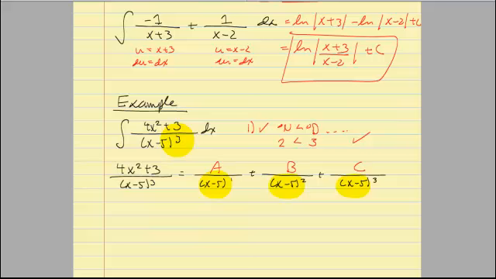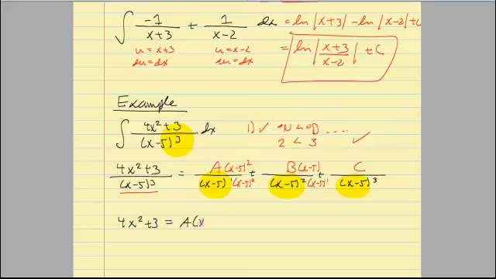Well, my common denominator has already been given to me. It's x minus 5 cubed. So this is going to look like x minus 5 squared, top and bottom, to get that common denominator. This will look like x minus 5 to the first. And this already has the common denominator, so I don't need to do anything there. Now once you have that common denominator, you can drop it and just equate the terms of the numerator.